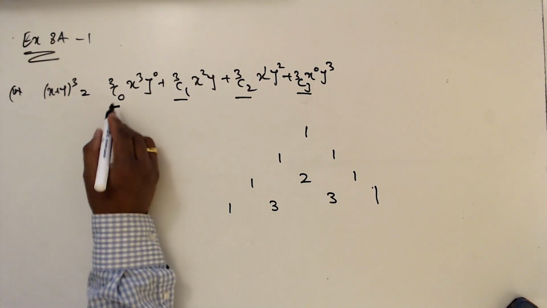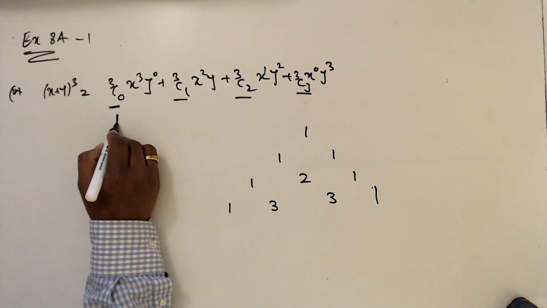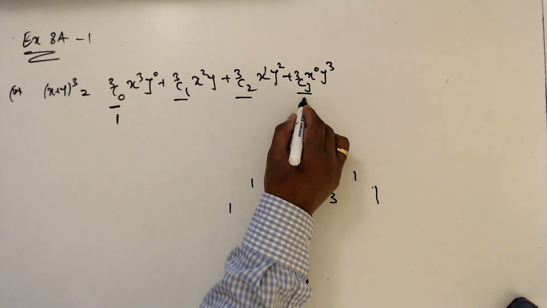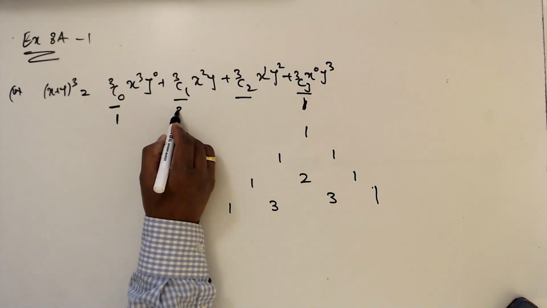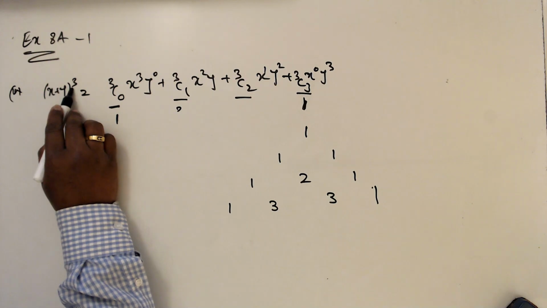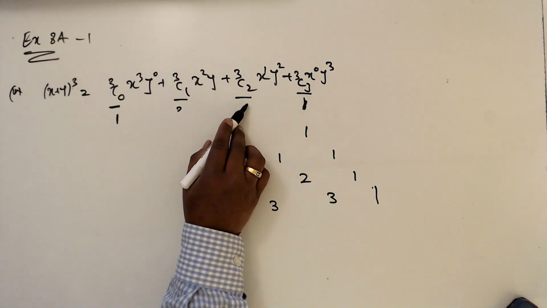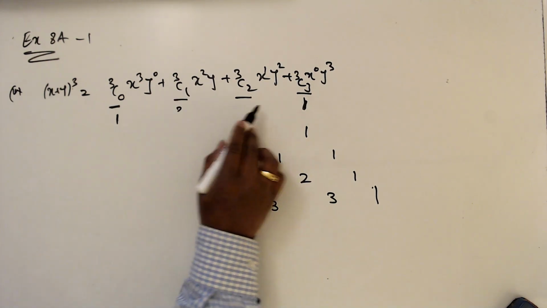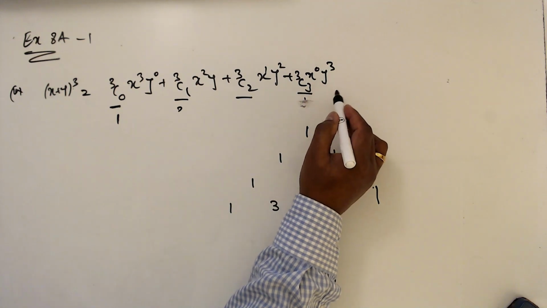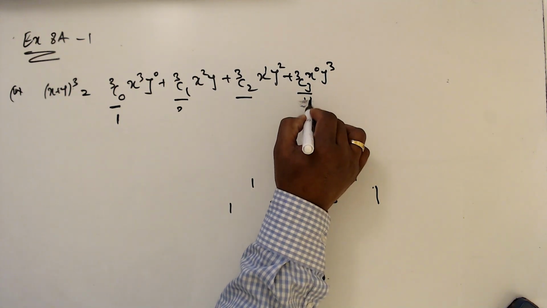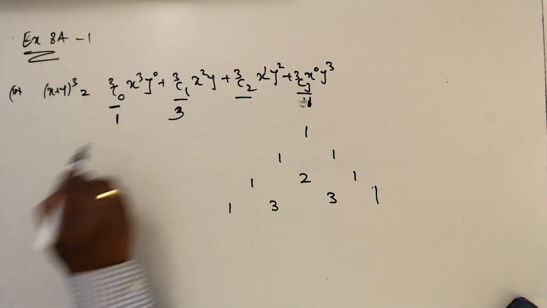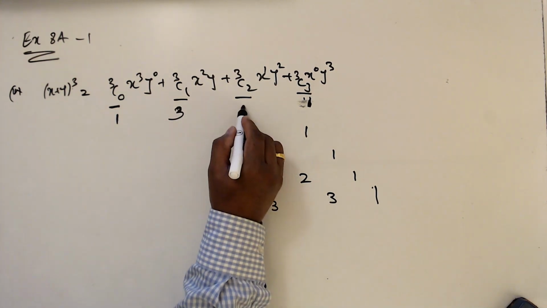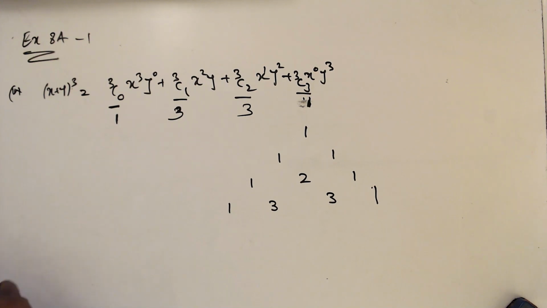We know that always the first one and the last one is 1, and the second one and the one before last. 3C3 is 1, and the second one is 3, and the one before last is also the same, it will match.